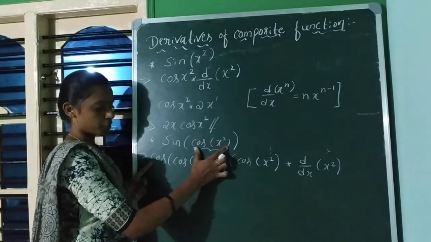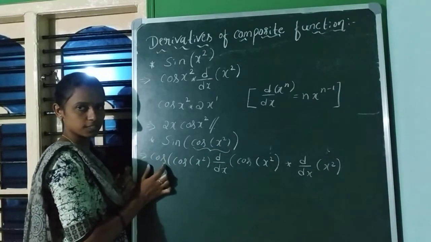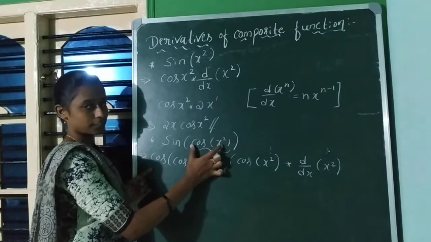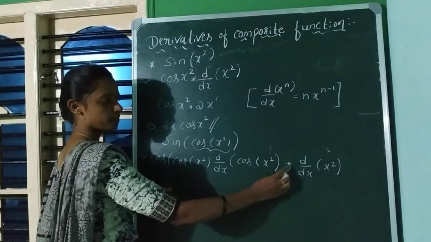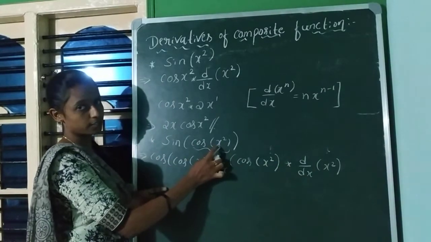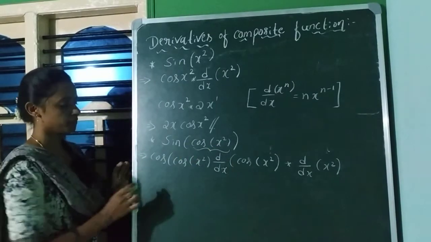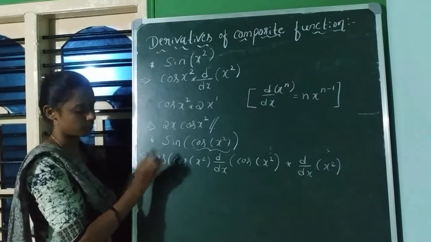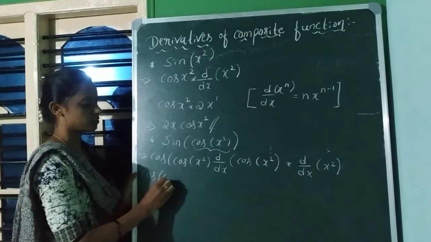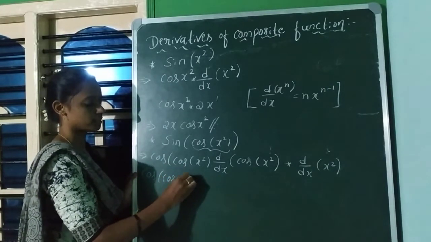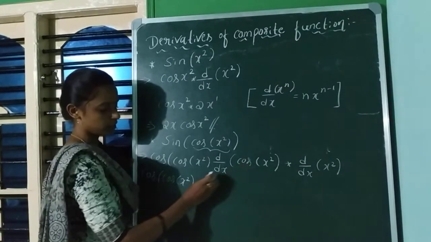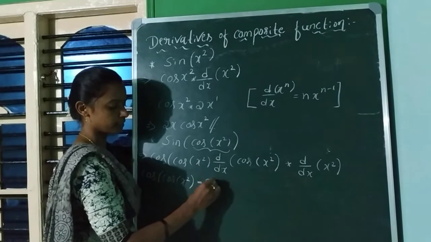Write the inner function as the variable of this. Then d by dx of this inner function, because there are 2 functions. Again you need to differentiate this x square. Hope this is clear. So now, don't write cos into cos as cos square. Write it as it is, cos of x square. Next, the derivative of cos is minus sine.